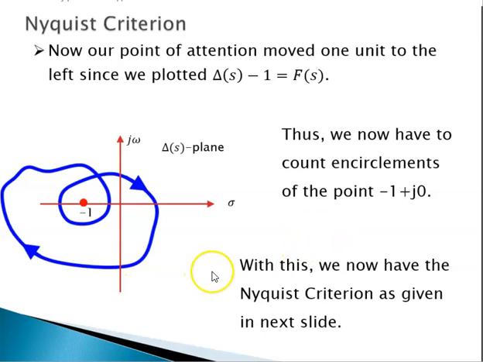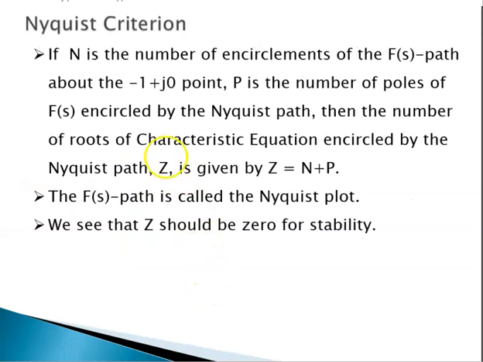So with this understanding, we can specify the Nyquist criterion as given in the next slide. If n is the number of encirclements of Fs, we are now calling it Fs, we are not calling it delta S because we subtracted 1 from every point. So delta S minus 1 is Fs. We'll call it Fs path. This Fs path is what we call Nyquist plot.